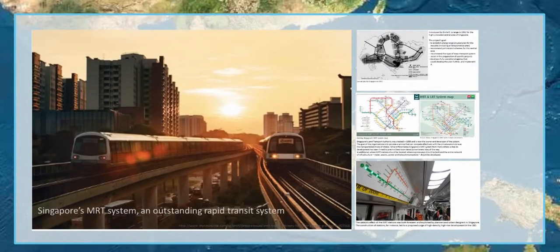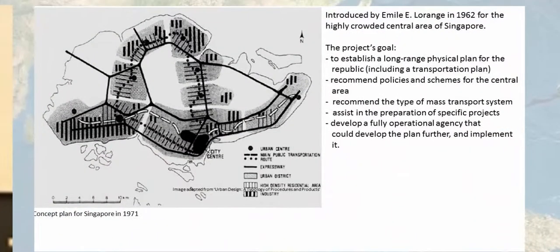Case study: Singapore's MRT system, an outstanding rapid transit system. Introduced by Emile Lorang in 1962 for the highly crowded central area of Singapore.